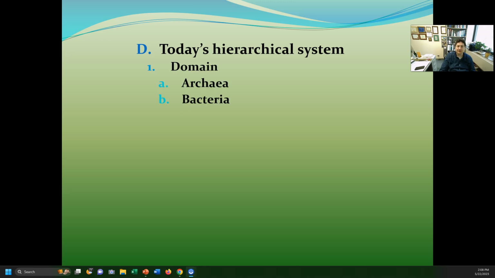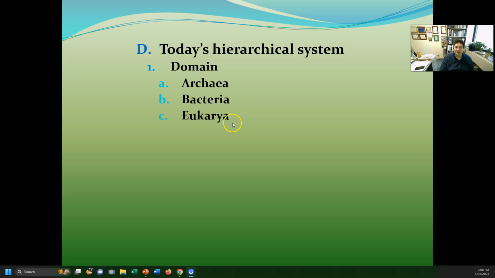There are 3 domains of living things. So all living things on Earth, including prokaryotes and microbes, will fall into one of these 3 domains. Domains archaea and bacteria contain prokaryotes. So this is where most of your microbes are, in these categories.